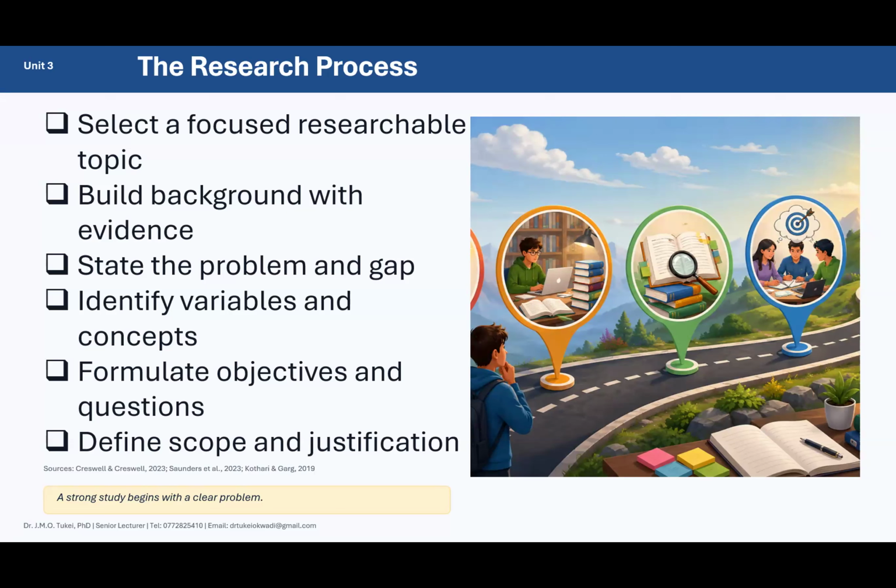Colleagues, the research process is the systematic path through which an idea becomes what I call a defensible study. It normally begins with identifying a broad area, reviewing preliminary literature, selecting and refining a topic, building the background, stating the problem, developing objectives and questions, and selecting an appropriate methodology.